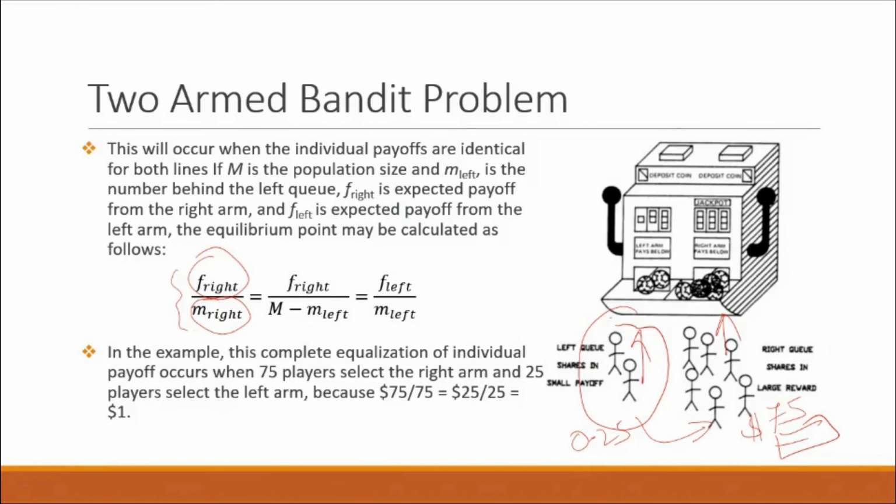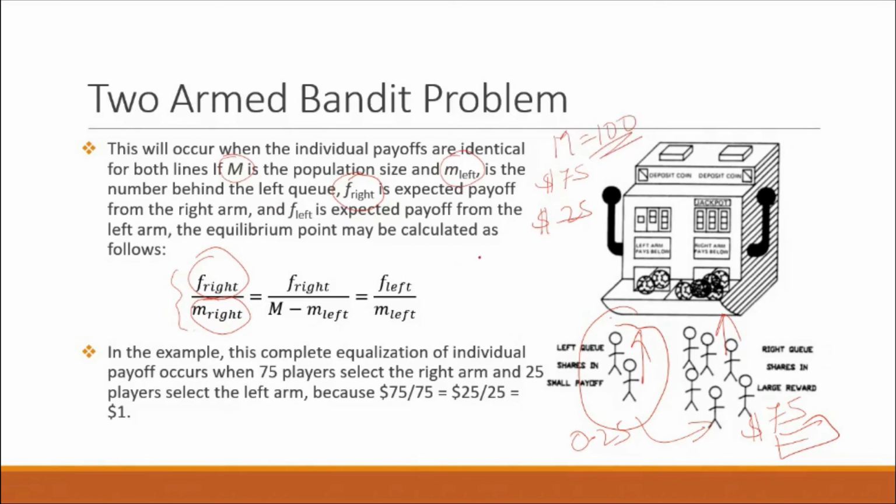Let us assume that capital M is the total population, M left is the number of people on the left side, and F right is the expected payoff on the right side. In our case, F right is $75, F left is $25, and M is 100.